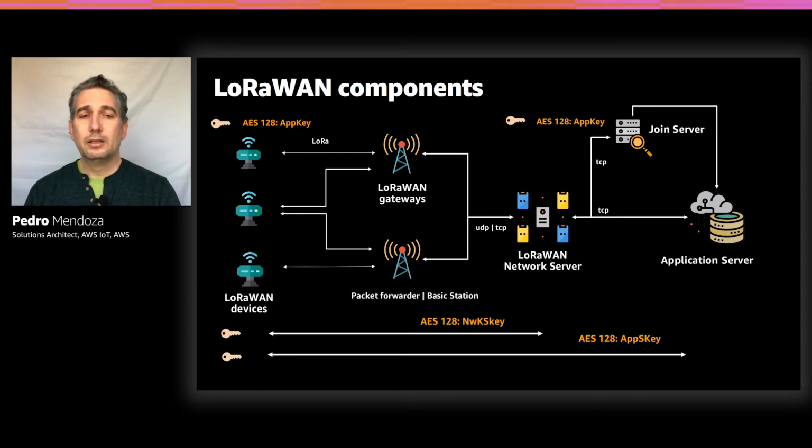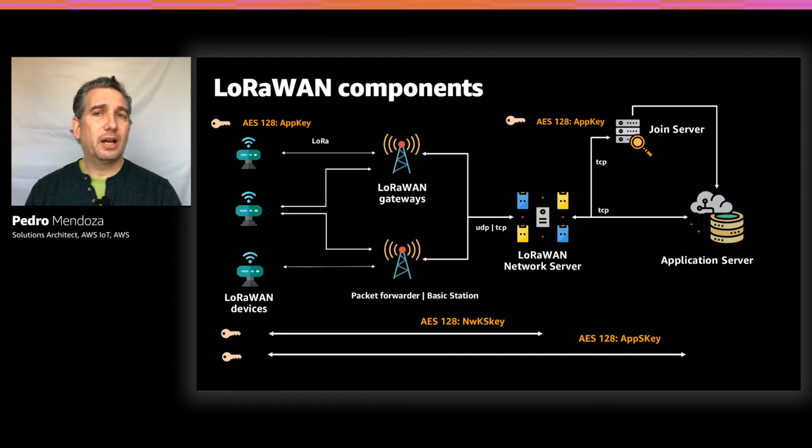From left to right, you can see the LoRa devices. These are sensors or actuators that will be capturing the physical signals and sending them over using the LoRa protocol. This message will be received by the LoRa gateways, which are devices that are connected using cellular connectivity or Wi-Fi or Ethernet, and will be forwarding this message coming from the devices into the LoRaWAN network servers.